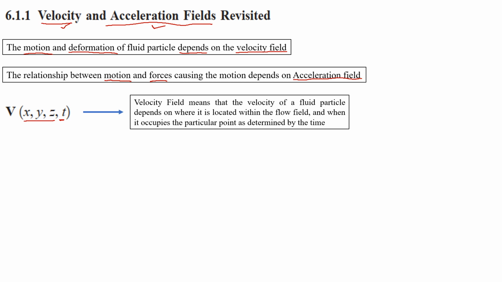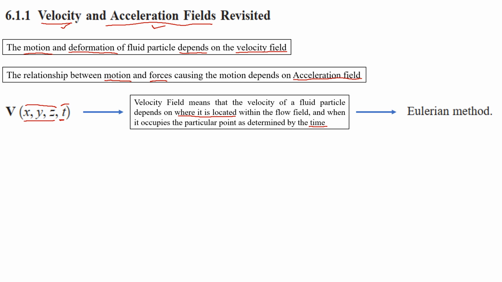Velocity field means that the velocity of a fluid particle depends on where it is located within the flow field, and when it occupies a particular point, as determined by time, that is, at which time interval it is occupying this particular position. And this was our Eulerian method of flow description, as you remember.